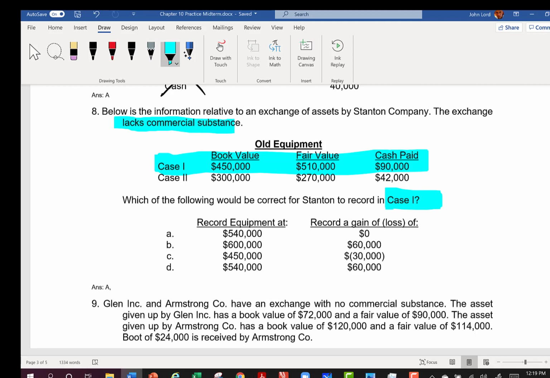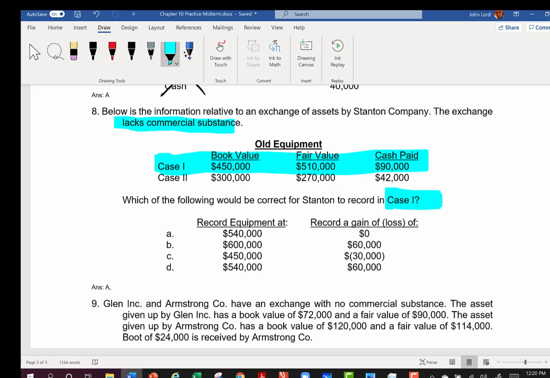What happens if the transaction lacks commercial substance, and the cash constitutes more than 25% of the total consideration? Then I'll take the gain. If it's less than 25% of the total consideration and I didn't receive cash, I take no gain on that. That's what I wanted to say.